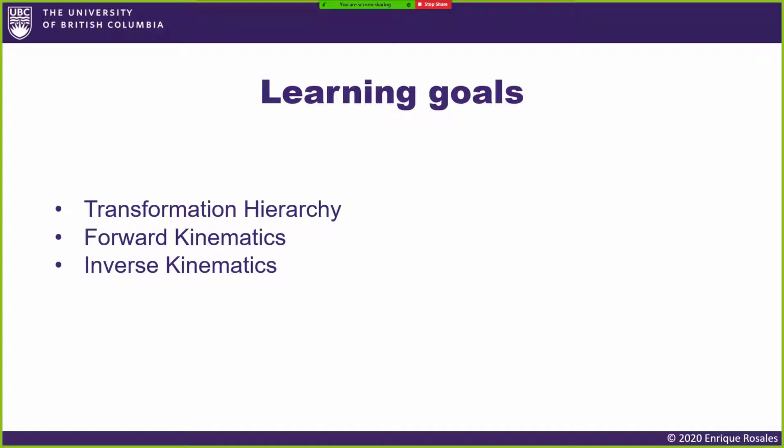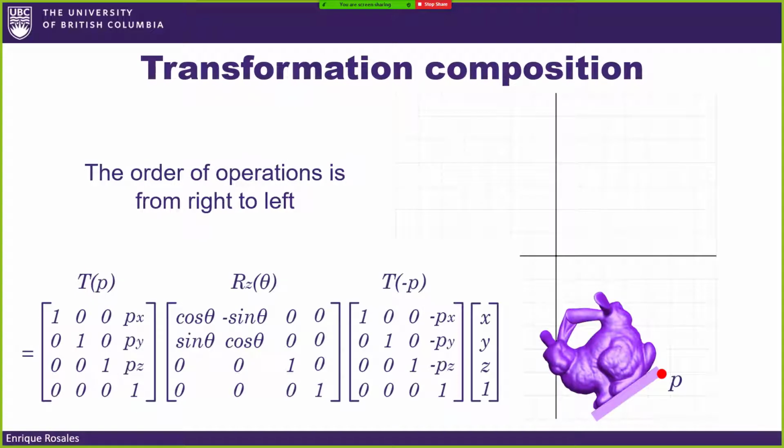Okay, good. So last time we were talking about transformation composition, and this is one of the examples that we were seeing. When we want to apply different transformations to the same object, it could be several rotations with translations, with scale, whatever. What we do is create different matrices and we just multiply those matrices.